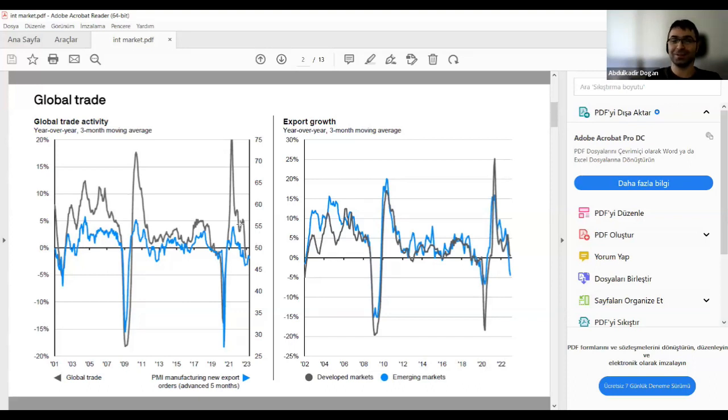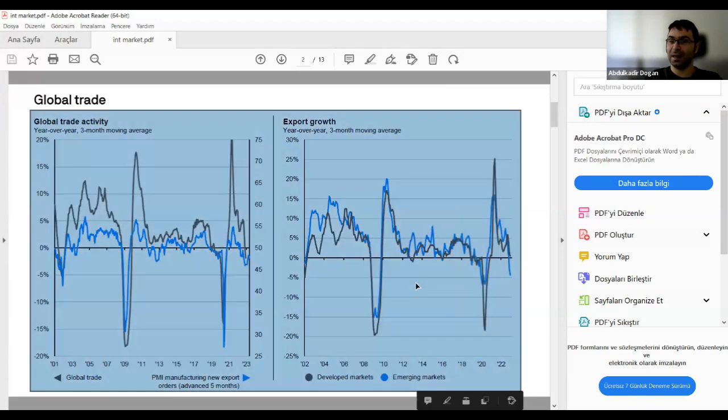For that reason, this cycle is downward sloping. And export growth, as you see, has similar dynamics to global trade, but there is a little difference between developed and emerging markets. As you see, export growth also shrinks in the global financial crisis, and it shrinks directly in the COVID-19 crisis.